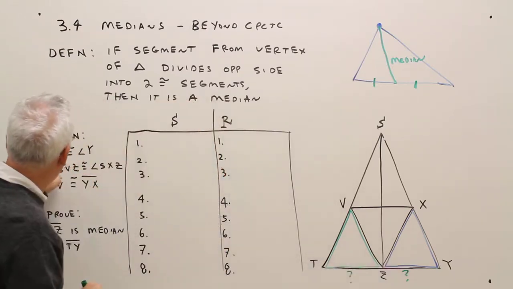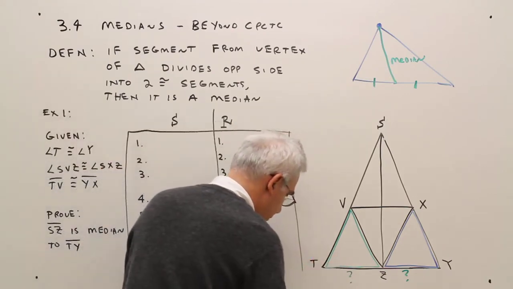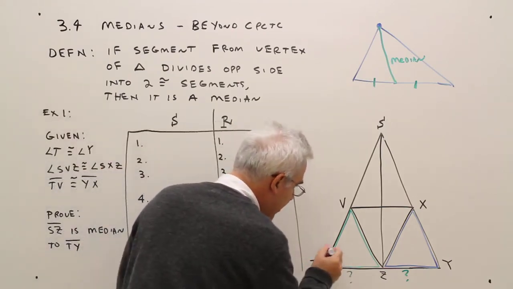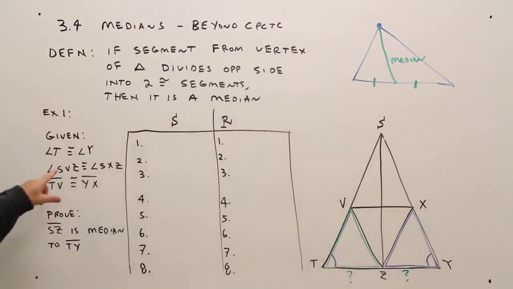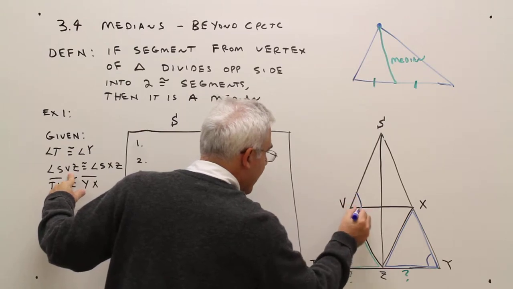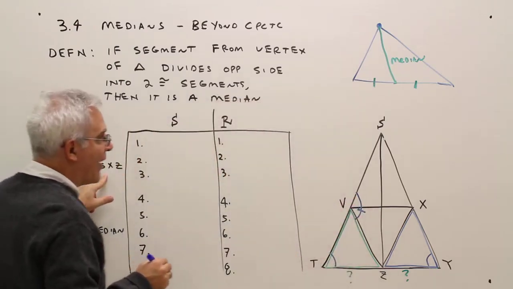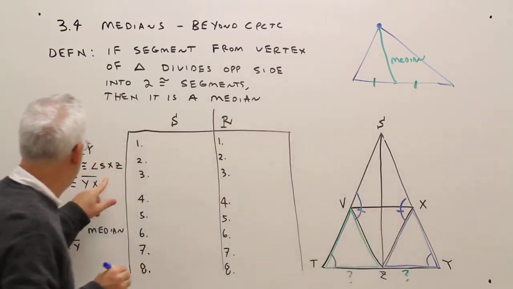All right, so angle T is congruent to angle Y. I'll use blue. Angle T is congruent to angle Y. Angle SVZ, that's this angle here, is congruent to SXZ, that's that angle there.